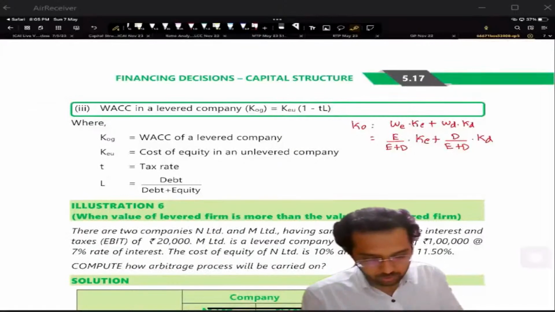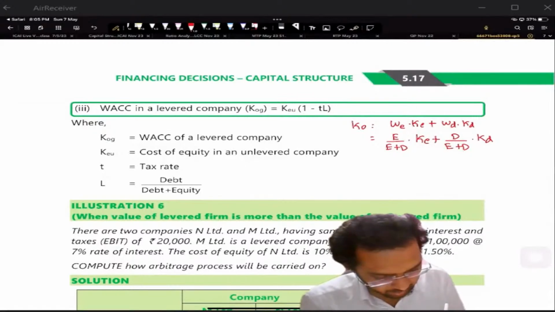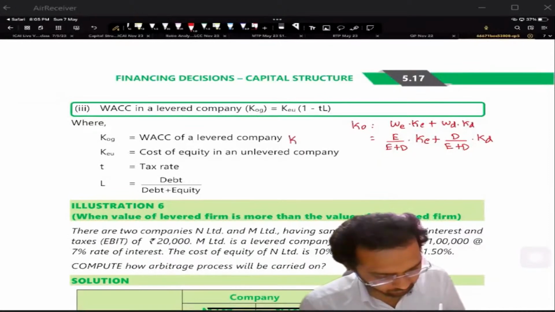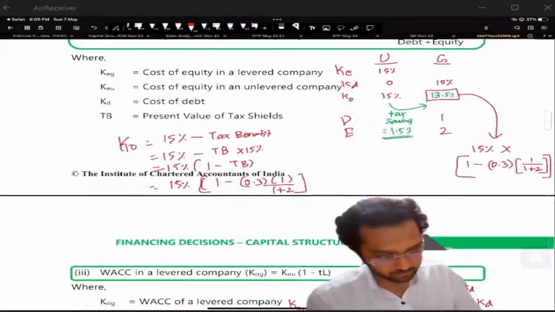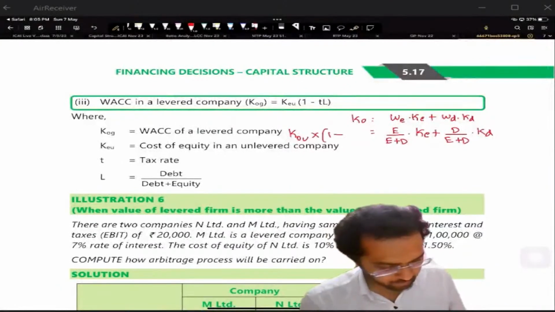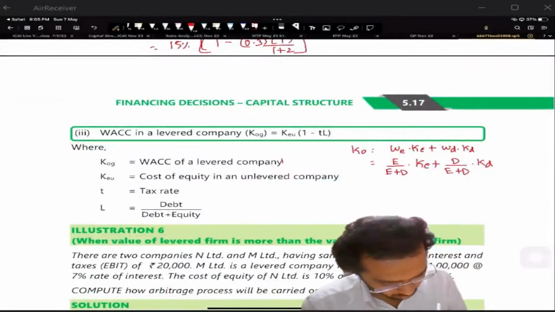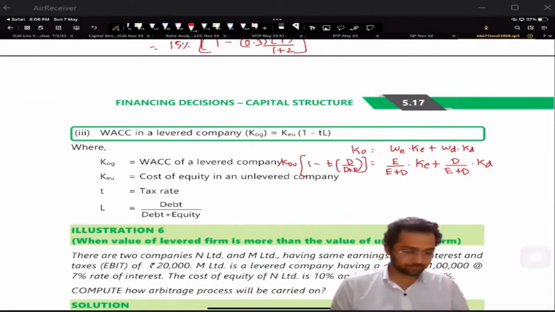Now we have derived a formula for KO, so let's put it up. KO for the levered form we got as KO of the unlevered form into 1 minus tax rate into debt upon debt plus equity.